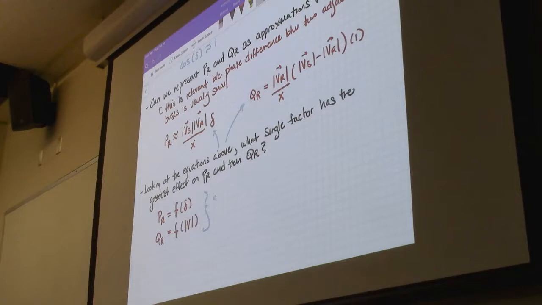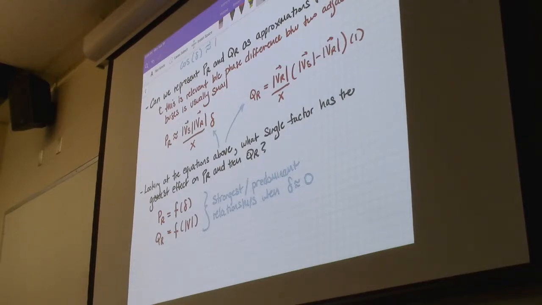So we'll call these the strongest, or the predominant, relationships when delta is approximately equal to 0.